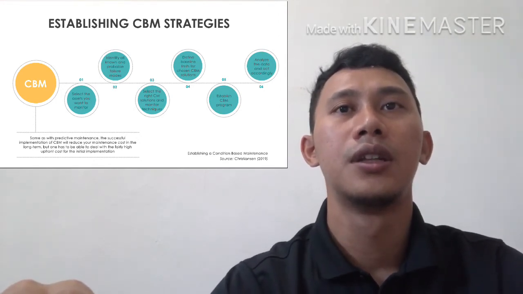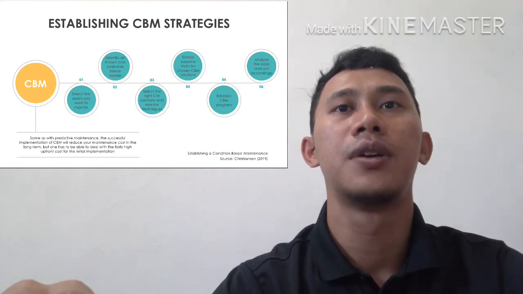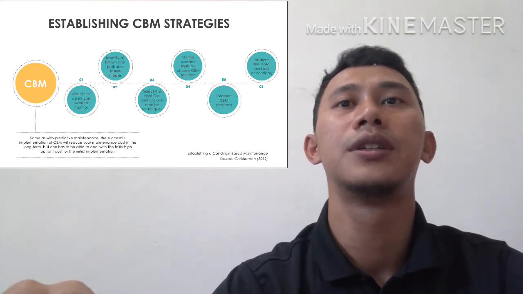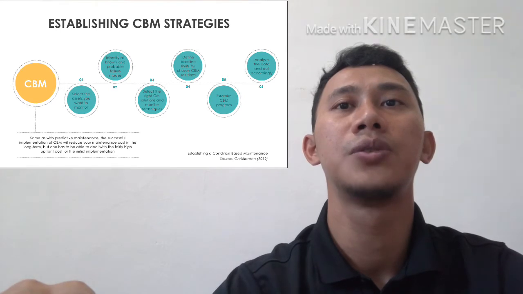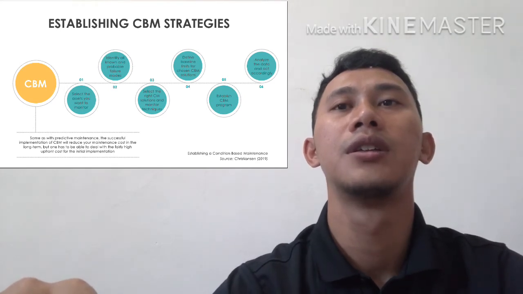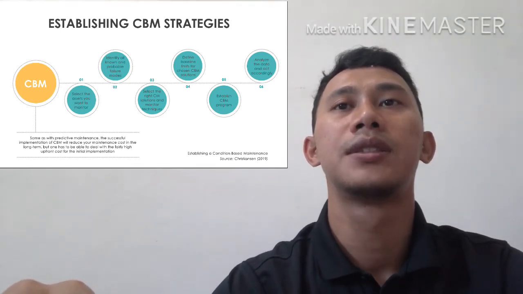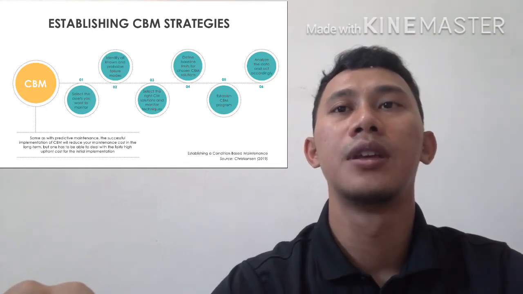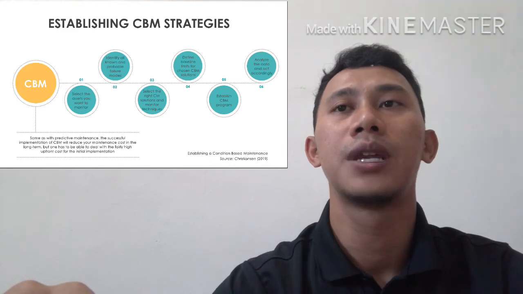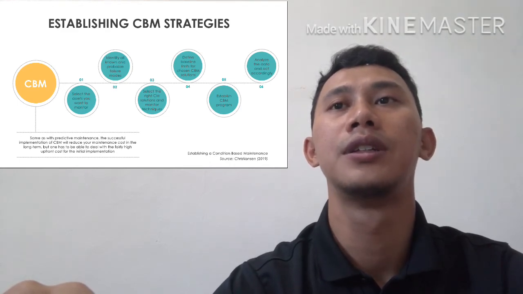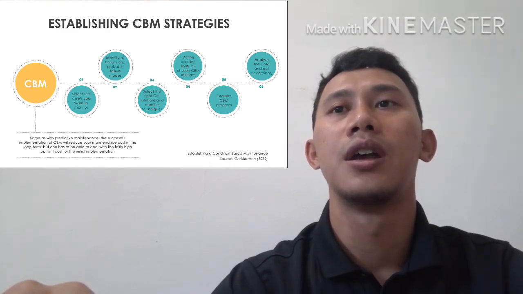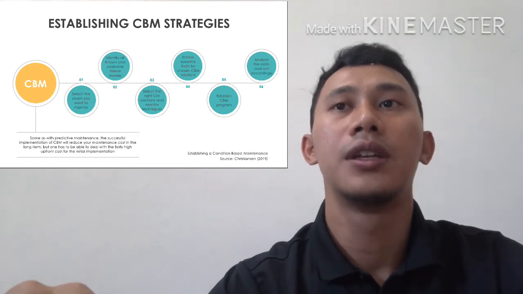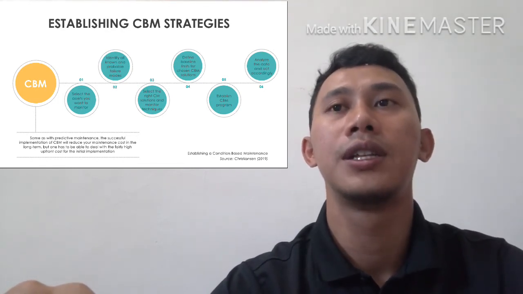Second, identify all known and probable failure modes. Third, select the right CM solution and monitoring technique. Next, define baseline limits for the chosen CBM solution and establish the CBM program. And lastly, analyze the data and act accordingly.